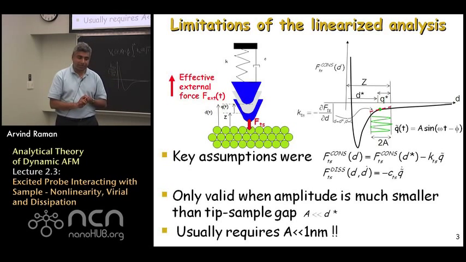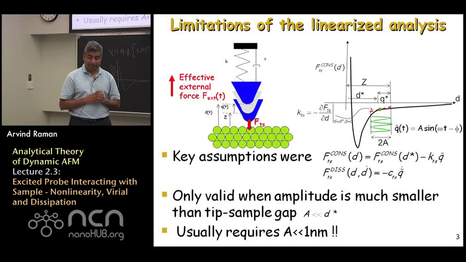What we had said is that in order to understand dynamic AFM, both FM and AM, one needs to assume that the local conservative interaction forces, F_TS, can be written simply as K_TS times the displacement Q tilde, where K_TS is the force gradient, defined such that a repulsive force gradient is positive and an attractive force gradient is negative.